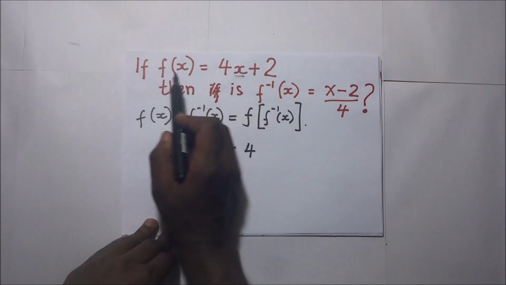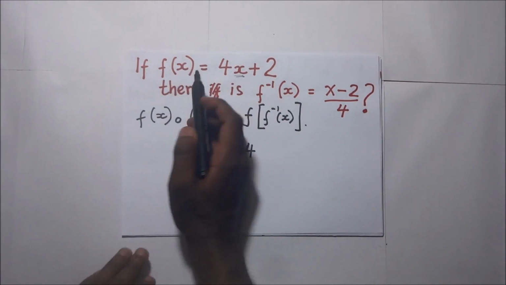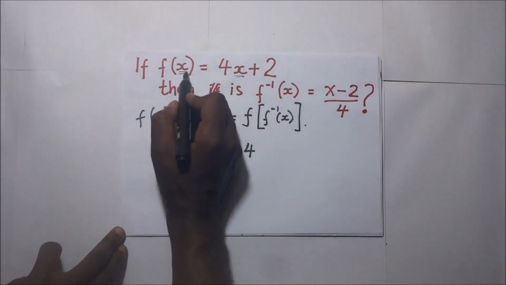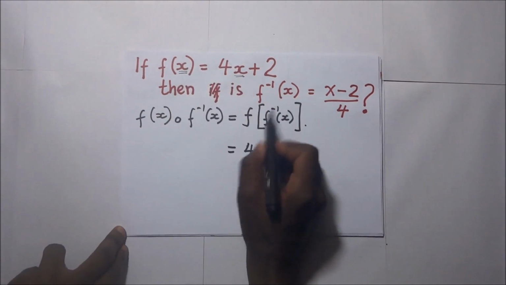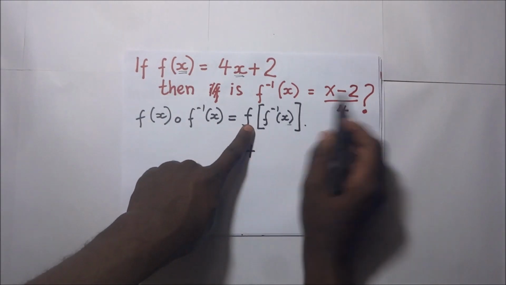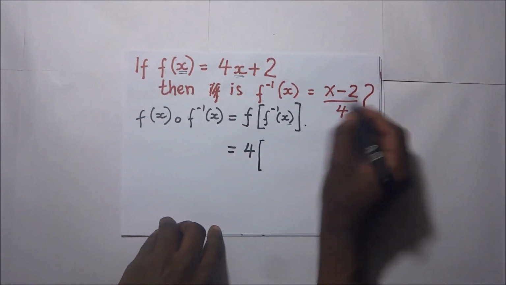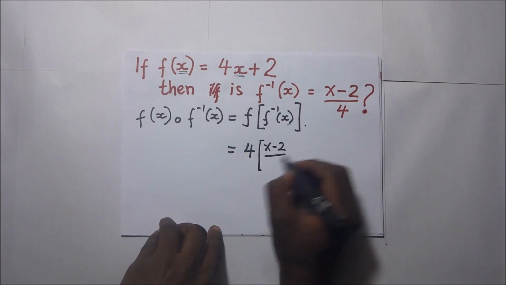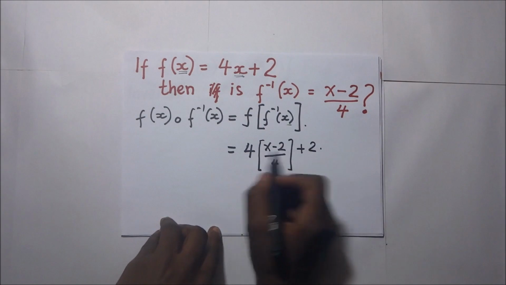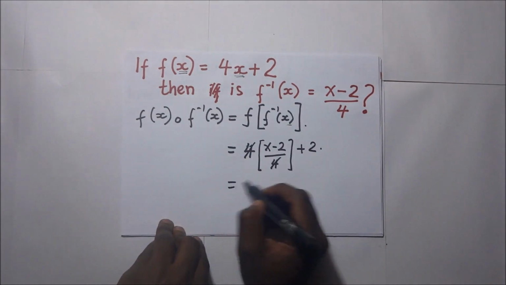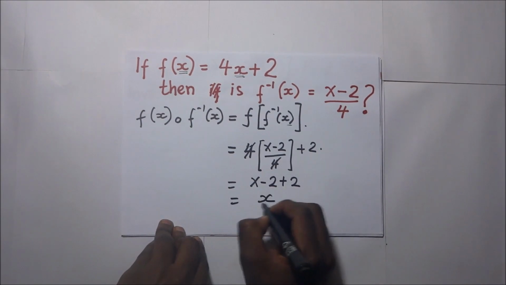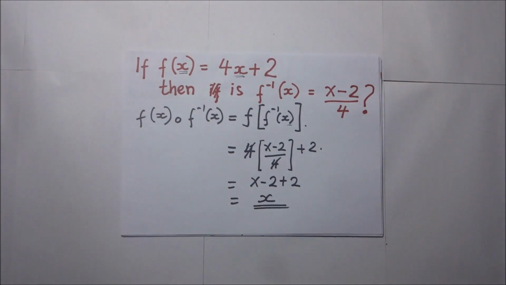Now in the place of x we are going to put the inverse. Where there is x, we are going to put the inverse. So in this case we are going to put f times x minus 2, divided by 4, plus 2. Of course, from here this 4 is going to cancel out with that 4, and we are going to remain with x minus 2 plus 2, and we shall end up with x.